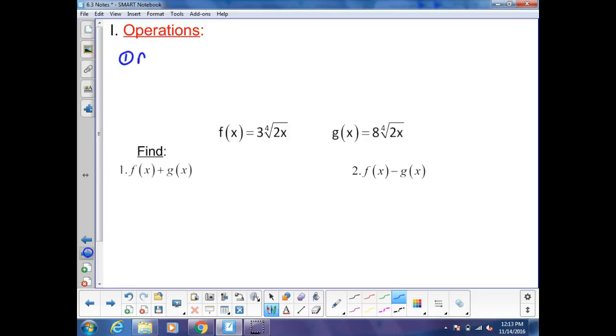We are going to be using addition. We are going to be using subtraction. We are going to be multiplying.